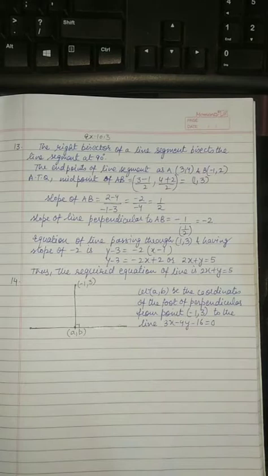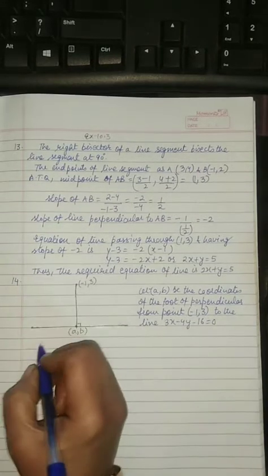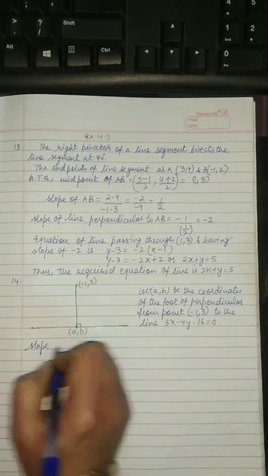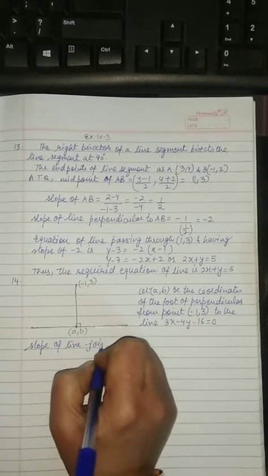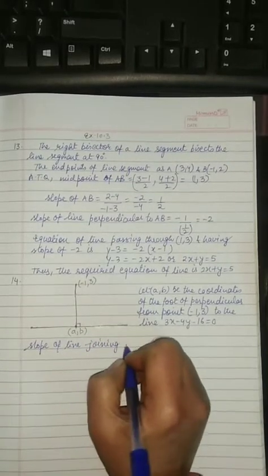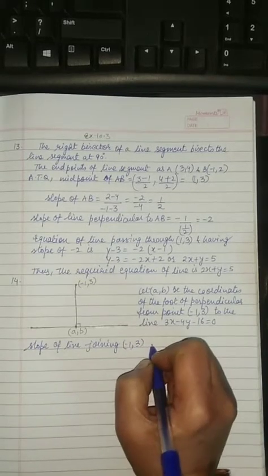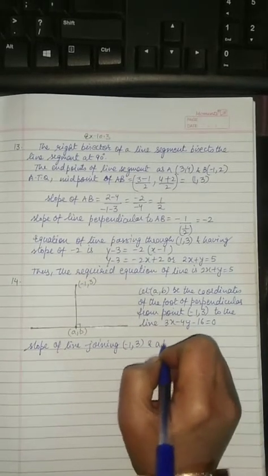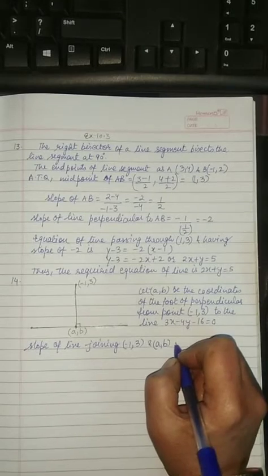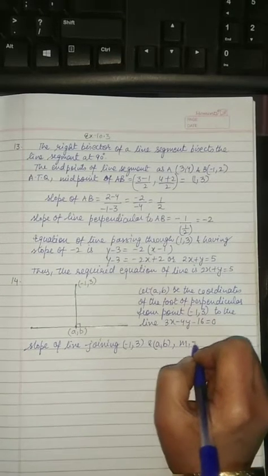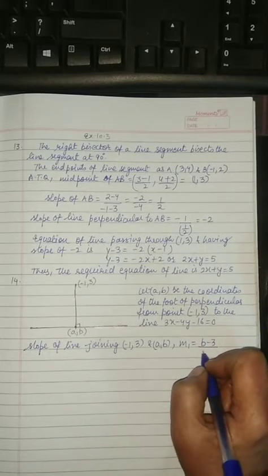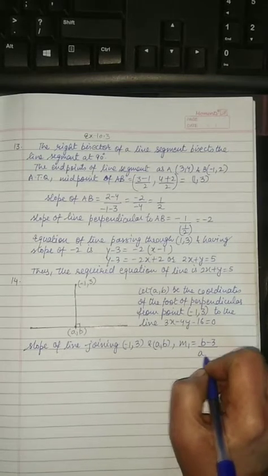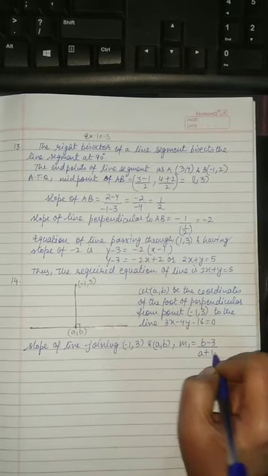Now we will find the slope of the line. First of all, we will find the slope of the line joining point (-1, 3) and (a, b). So m1 will be (b minus 3), meaning y2 minus y1, upon x2 minus x1, (a plus 1).